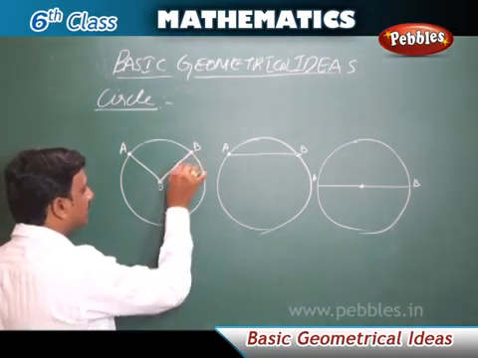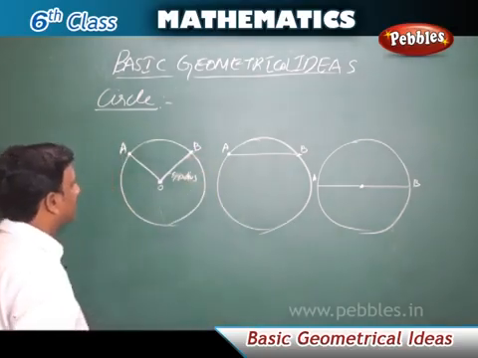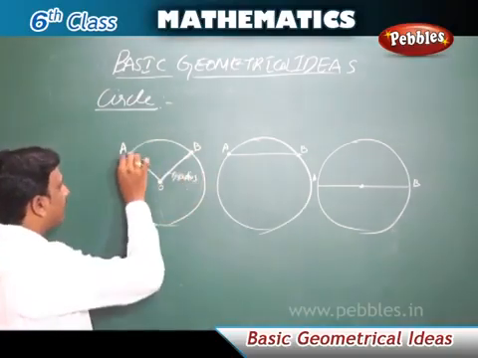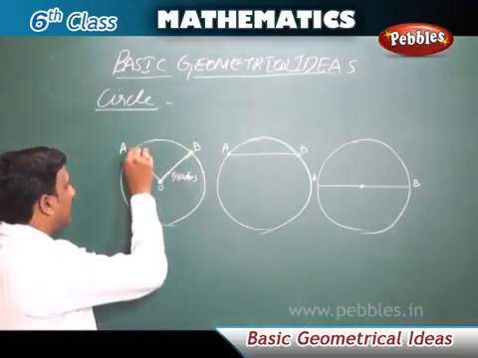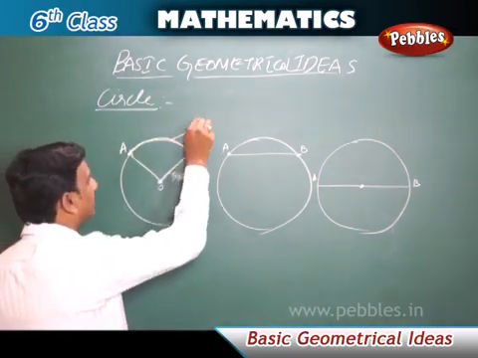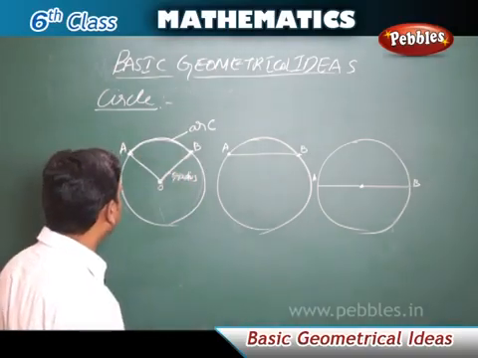This distance is called radius. Now, the total length of this curved edge is called circumference, and a part of the curved edge is called arc. Say for example, here to here, this part is called arc.